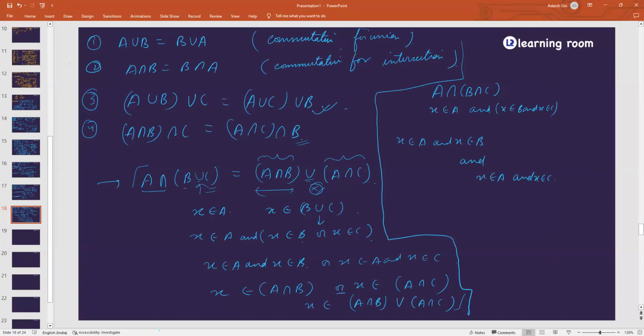We can prove it. From there, if we take X as common, X belongs to A and B and X belongs to A and C, so X belongs to A intersection B intersection A intersection C. Understood? Ultimately, what we have to do, we have to take all the intersections. Got it?